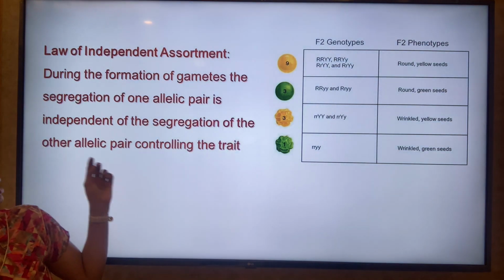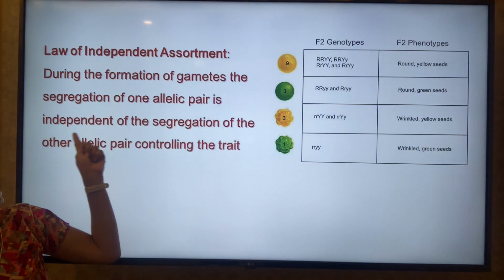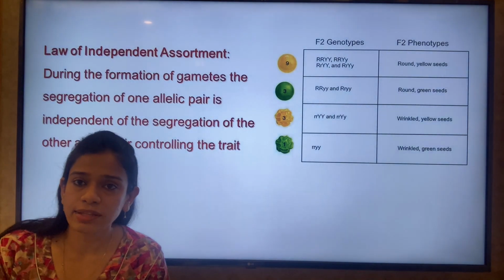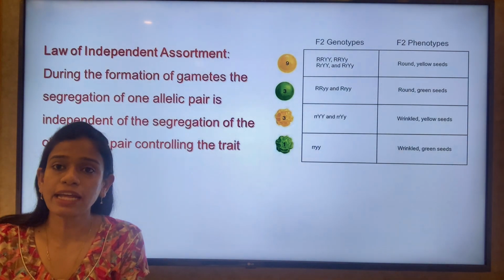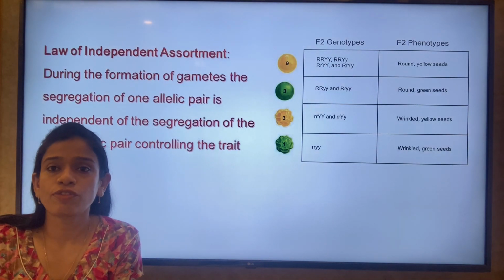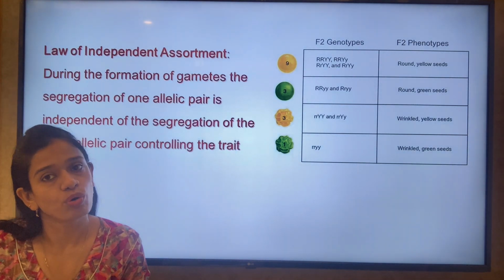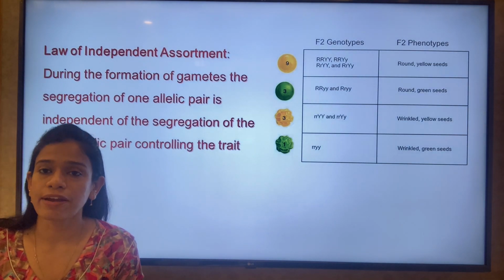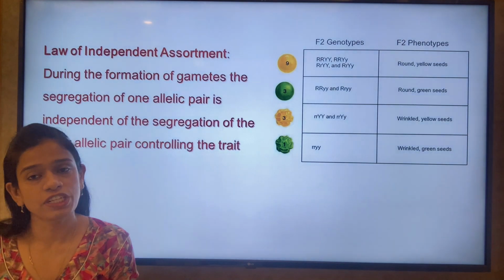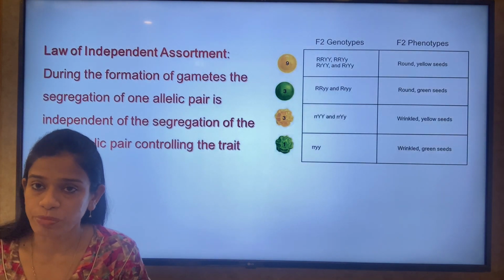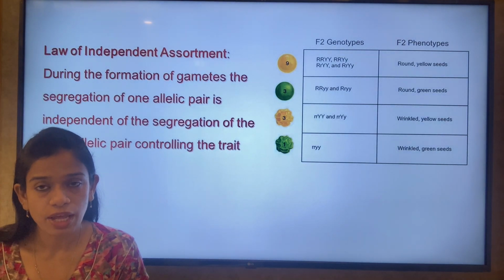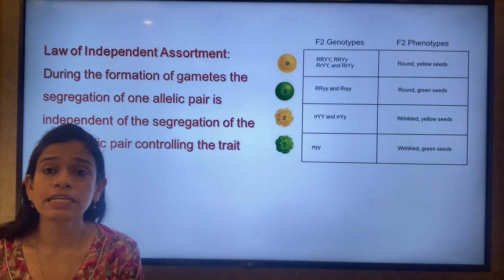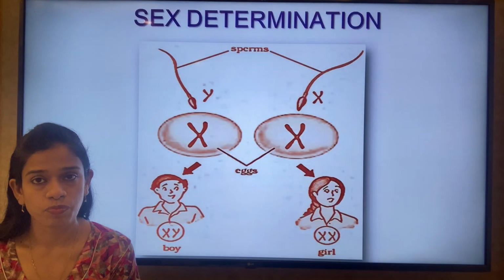That is, the segregation of one allelic pair is independent of the segregation of the other allelic pair. So how the other allelic pair is segregating will not matter for the segregation of one allelic pair. Each allelic pair segregates independently of each other during the formation of gametes. So this is about the third law, or the law of independent assortment.